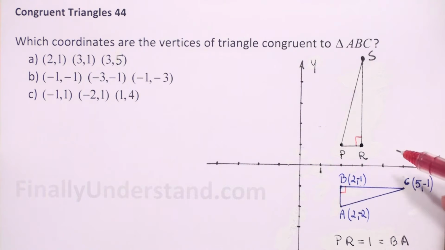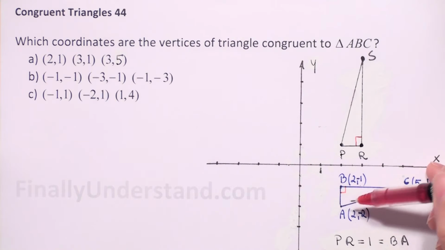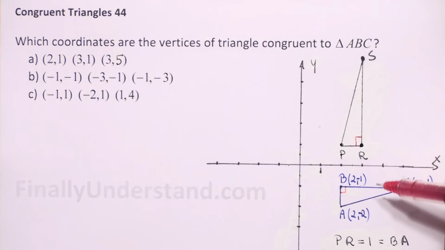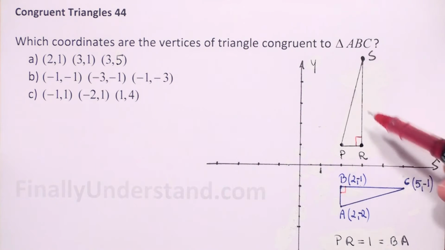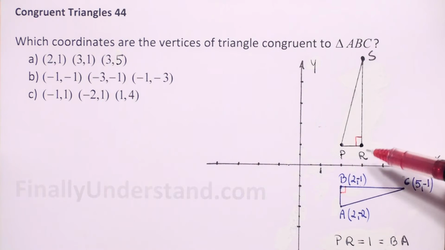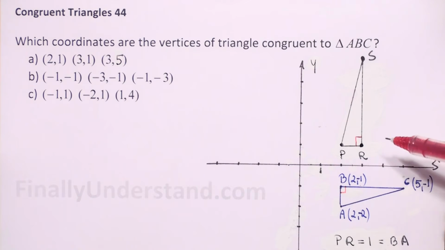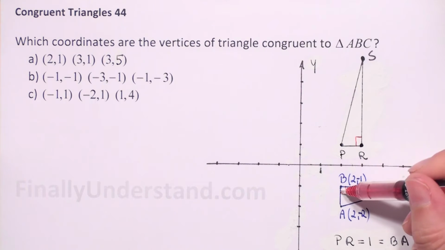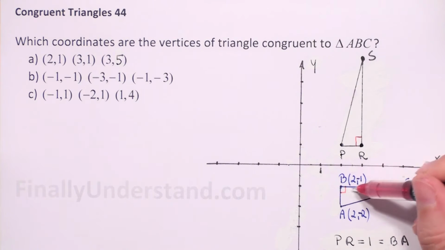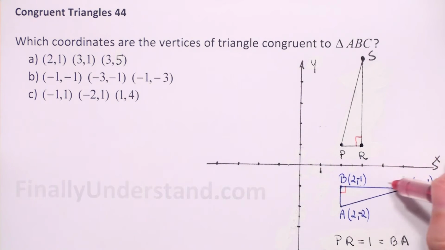And we see that side RS is different than BC. Only side PR is the same as BA. So it means that our triangle PRS is not congruent to triangle ABC, because the second leg is different than the second leg in our triangle ABC.